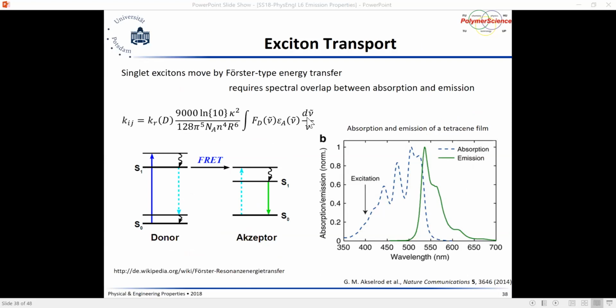So the quantum yield when the acceptor is present would come on the numerator, and the fluorescence quantum yield of the donor alone will be on your denominator, and this will give you the efficiency of FRET occurring.